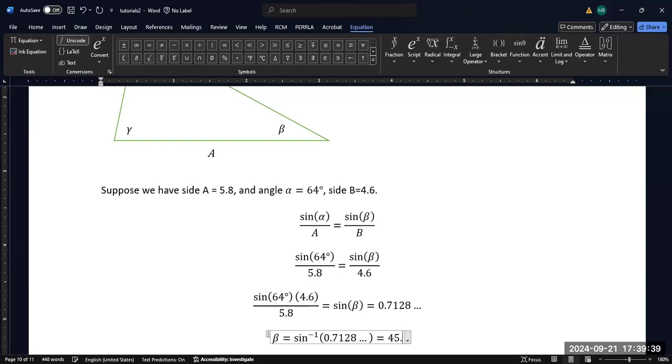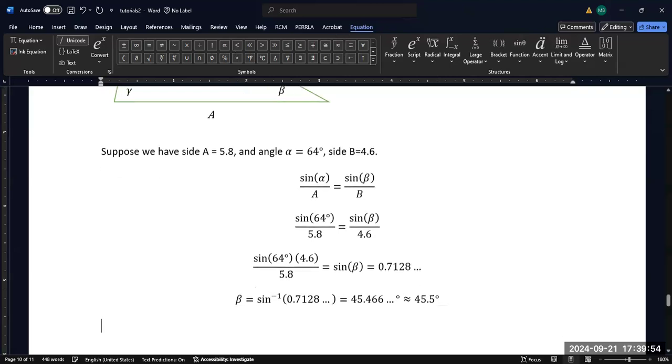This is going to be 45.466... degrees, or approximately 45.5 degrees if we round to a single decimal place.